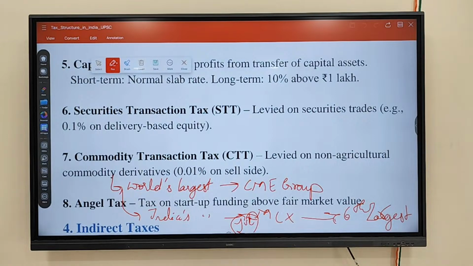There are base metals like aluminum also traded here. Write down the aluminum also in that list. Copper, lead, nickel, zinc.